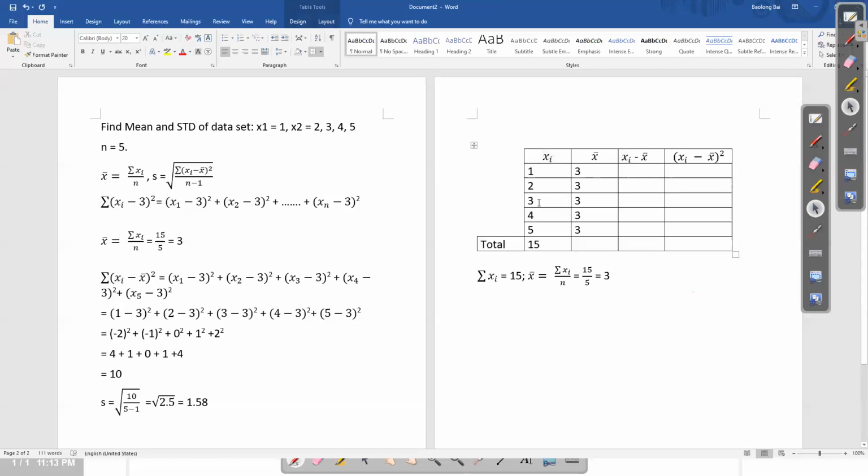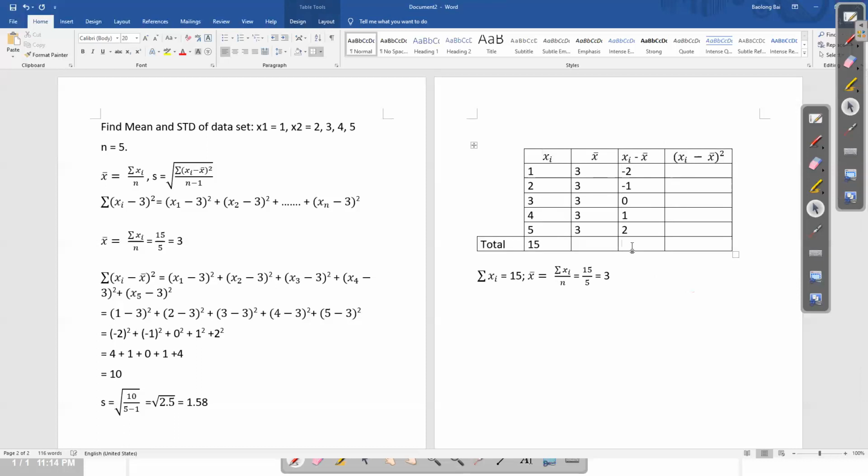So you're going to use your xi column, subtracting the x bar column. So 1 minus 3, that's negative 2. 2 minus 3, negative 1. 3 minus 3 is 0. 4 minus 3 is 1. 5 minus 3 is 2. Right? So that's it. You don't have to calculate this total, but if you do, it's 0, right?